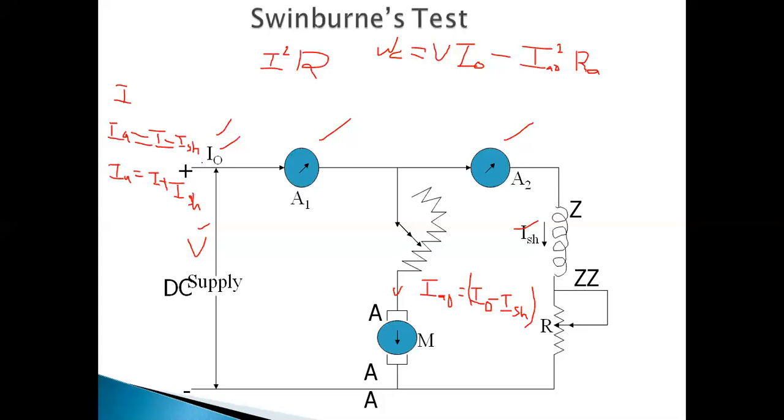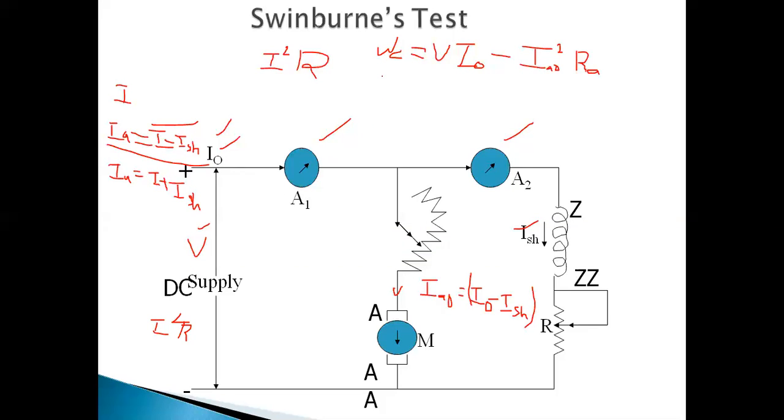At loaded time, the power input is equal to V into I. Then the copper losses at that load are given as I square R, where I, when acting as a motor, is I minus ISH, squared and multiplied by the armature resistance.